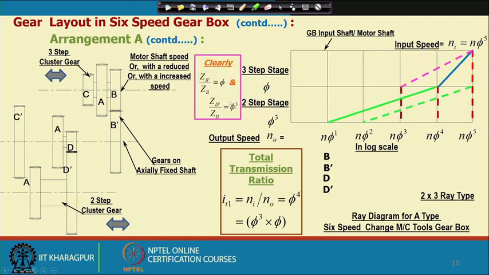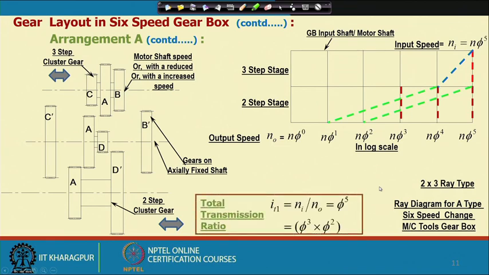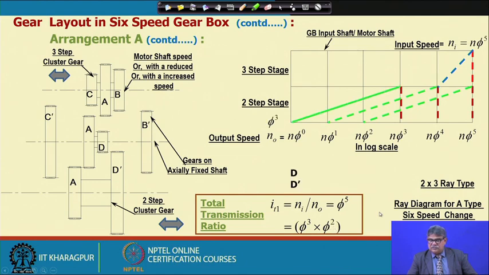Next, what we find, Z B dash by Z B is phi, already it is shown, and this is Z D dash by Z D is equal to phi cube. And lastly, we find that to reach from here to here, the total transmission ratio should be phi to the power 5, and looking into these two stages, in one stage we will get phi cube, and in the other stage we will get phi square.